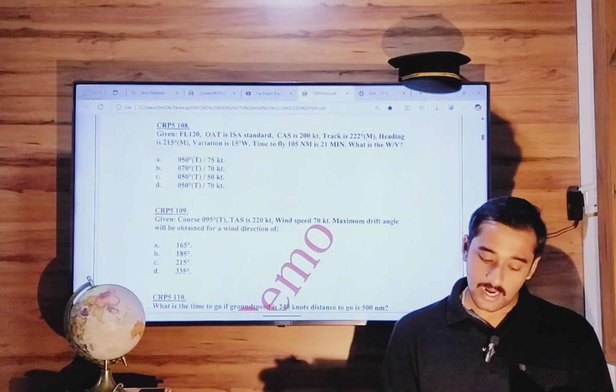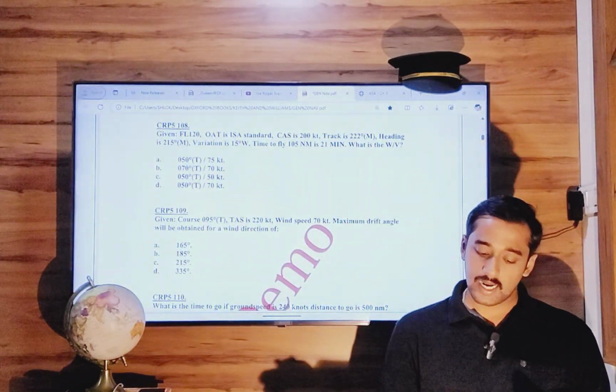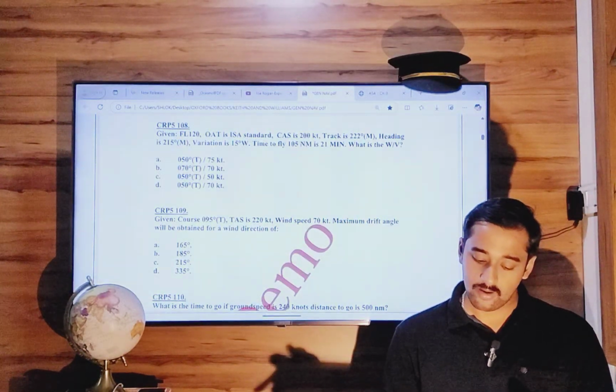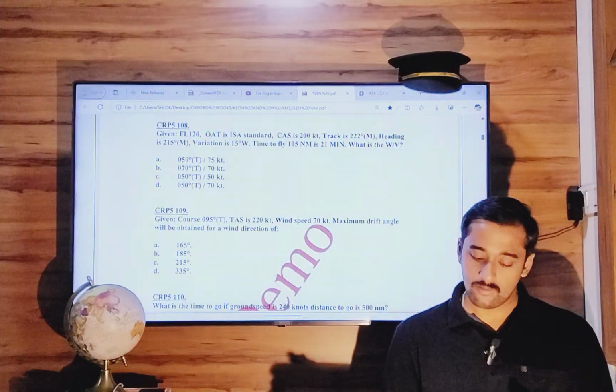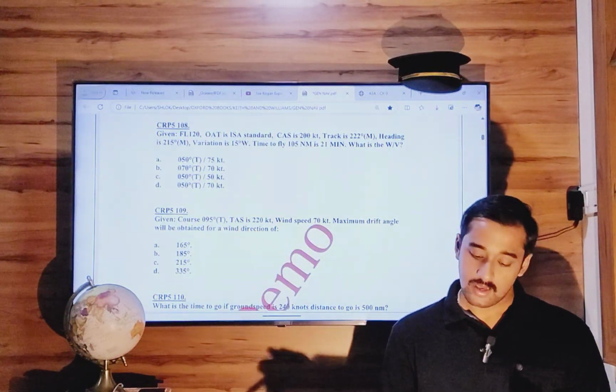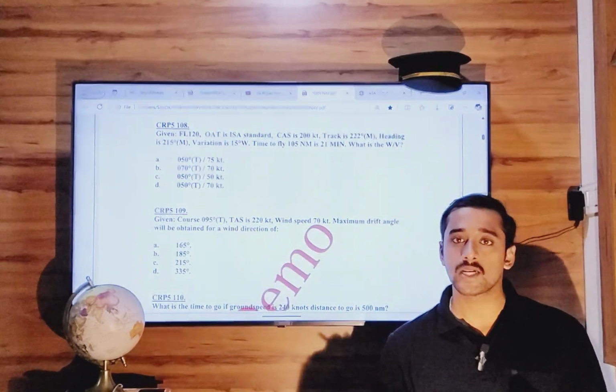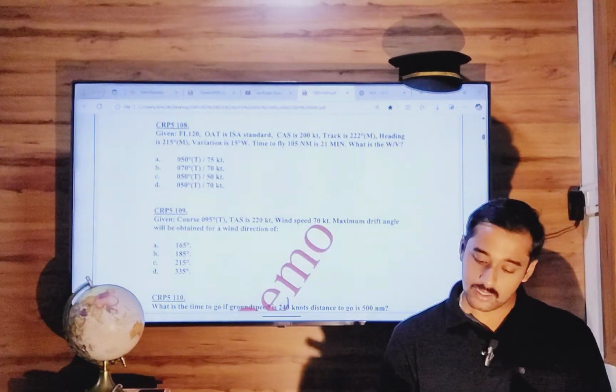Next, flight level is given. Outside air temperature is ISA standard. Track, heading, variation given. What is wind velocity in terms of true? So first we will find wind velocity in terms of magnetic and then finally convert it into true. So let's put the values.